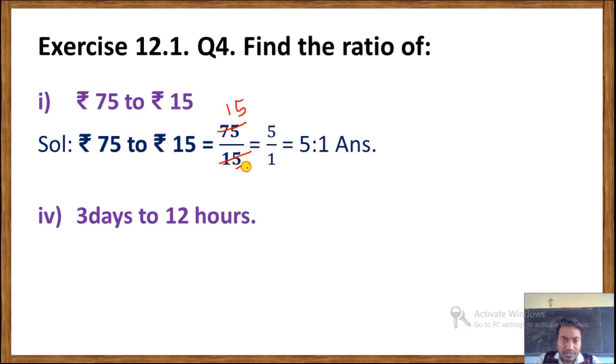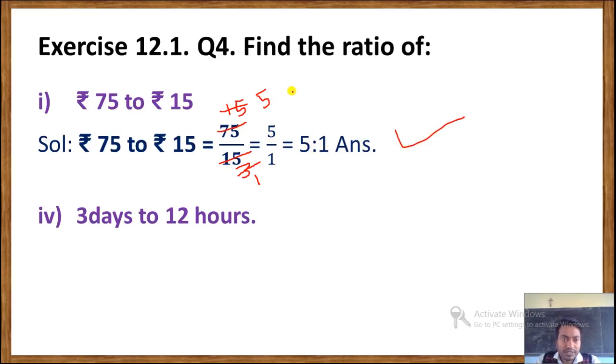Now 5 threes are 15, and again 3 ones are 3, 3 fives are 15. Now what is left? 5 by 1. So this we can write as 5 ratio 1. This is the answer. Understood?